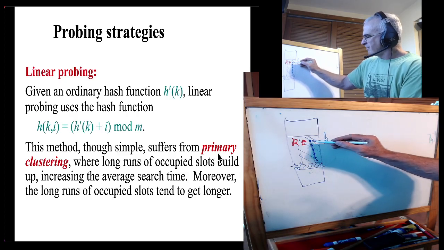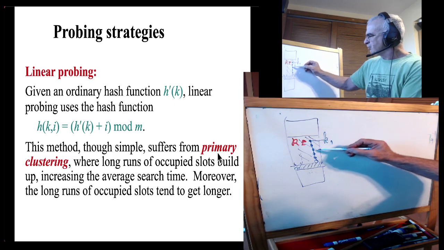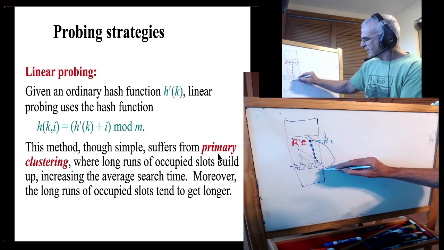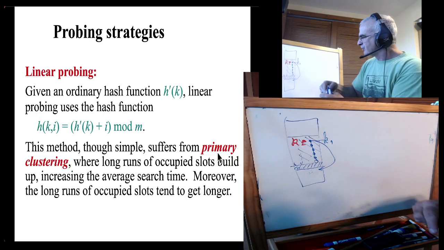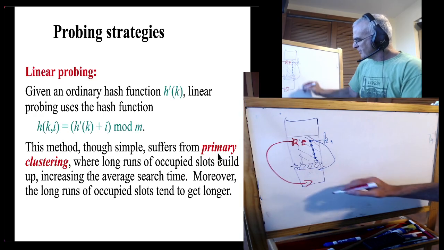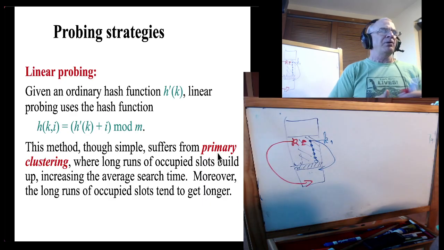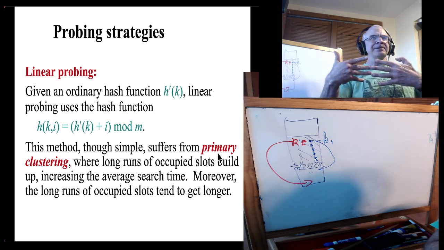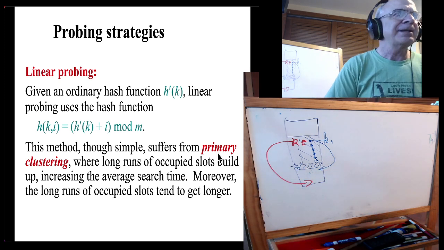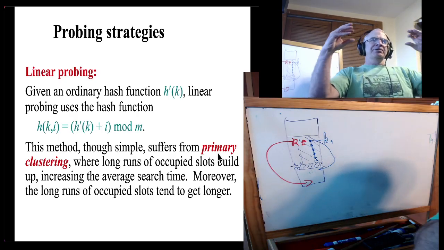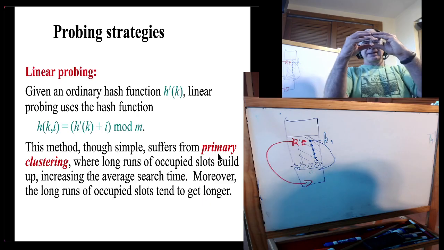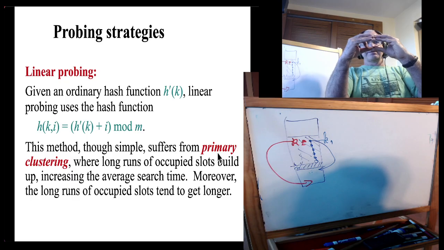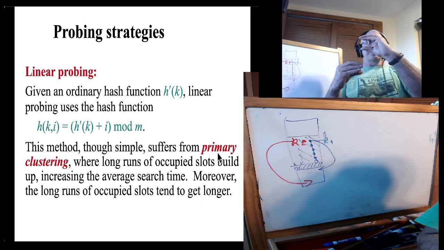However, what I'd like to get is that the probing sequence, wherever K1 would go in its next attempt, if there is a next attempt, and wherever K2 should go, these next attempts should be more sensitive, should be different for either different keys or different attempts, or both. Once again, if I had two keys that collided in some attempt, I very much hope that in the next attempt, either because the keys are different or because it's not the same i, these two keys will find themselves in different locations in the table.